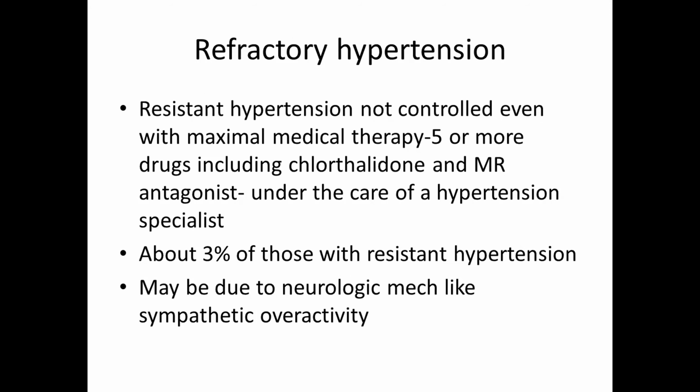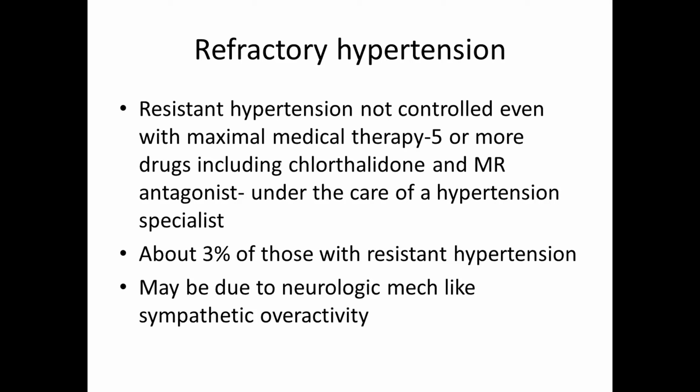So that takes me to the next question. When is it said to be refractory hypertension? Resistant hypertension that's not controlled even with maximum medical therapy. That is 5 or more drugs, including chlorthalidone, which is a choice or first choice diuretic, and a mineralocorticoid receptor antagonist under the care of a hypertension specialist.